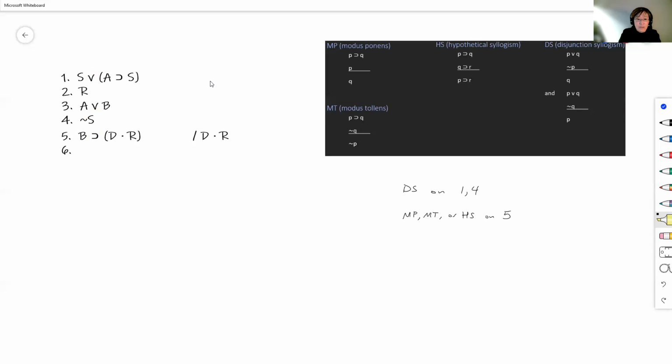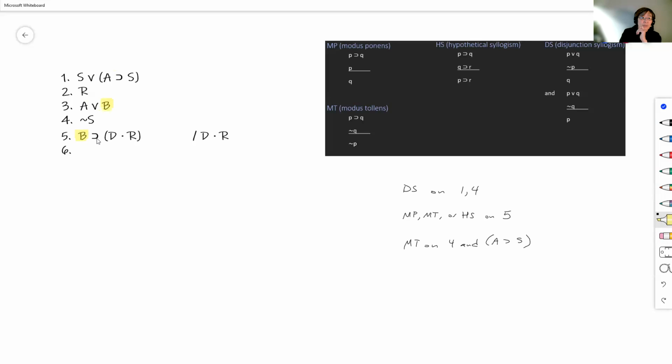Other things worth noting: we cannot use modus tollens on an embedded horseshoe. But if we could somehow get this disjunct, then we'd have the ingredients for modus tollens. And also, line 5 was a candidate for modus ponens, modus tollens, or hypothetical syllogism. If we were going to use modus ponens, then we would want to have B on a line by itself.